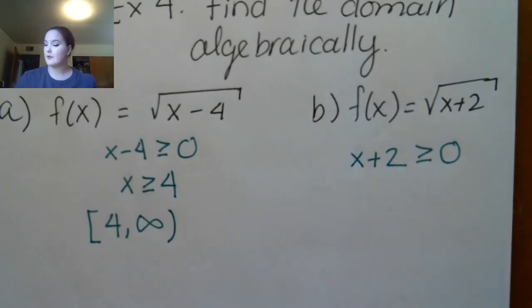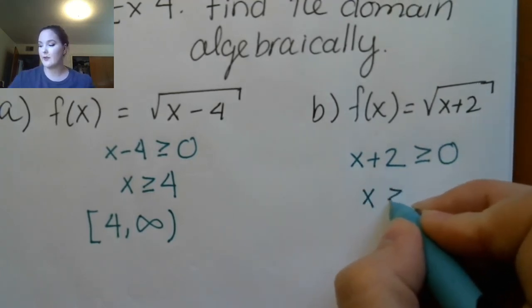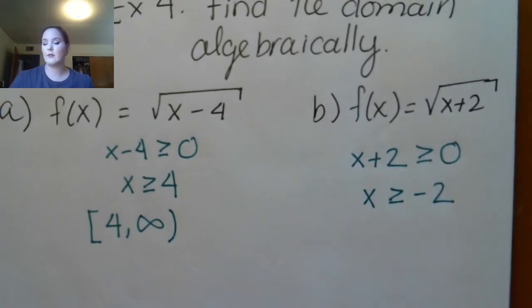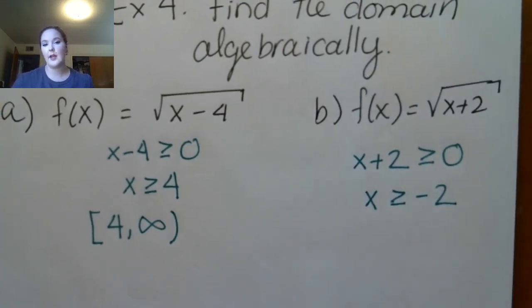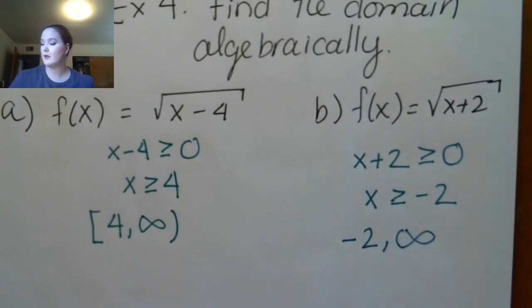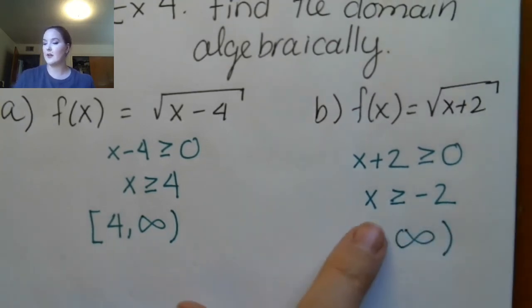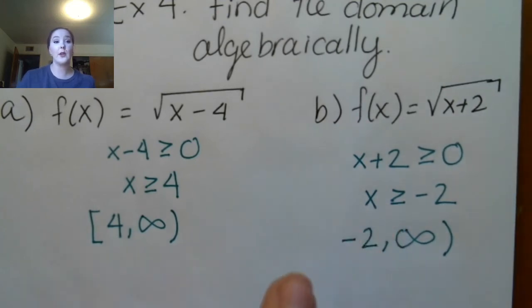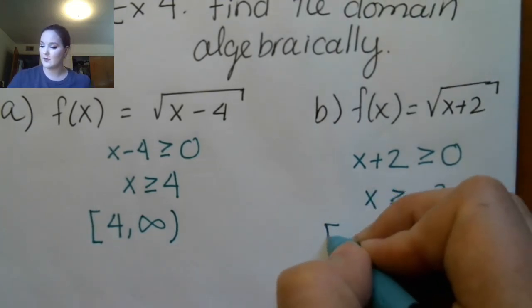This would tell us that x should be greater than or equal to negative 2. We'll write this as an interval, negative 2 up to infinity. Always use parentheses with infinity, and because it's greater than or equal to, we're going to use a bracket.